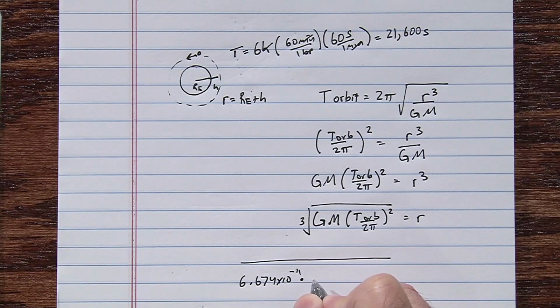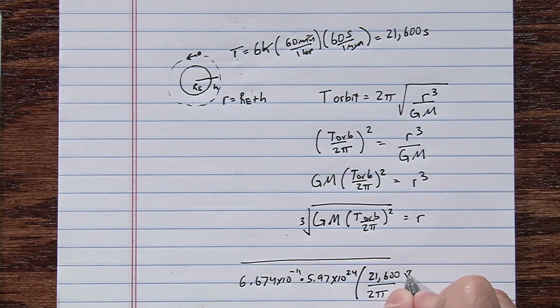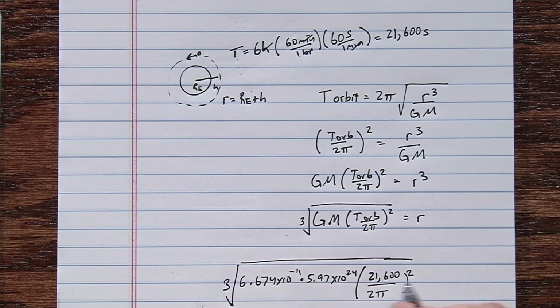And mass of the Earth is 5.97 times 10 to the 24 basic metric units. T orbit is 21,600 seconds divided by 2 pi, and we'll square that, and then we take the cube root of all of that, and that will equal R.